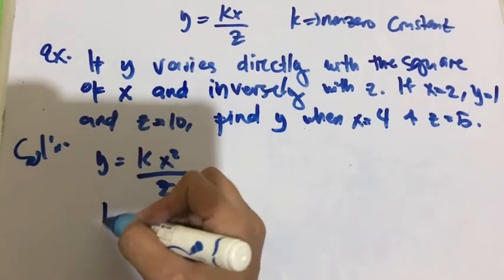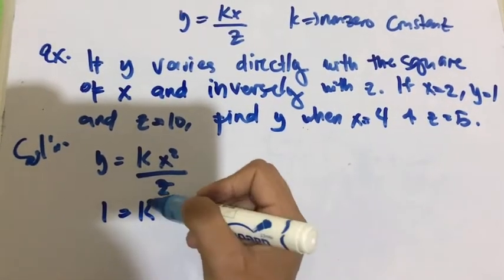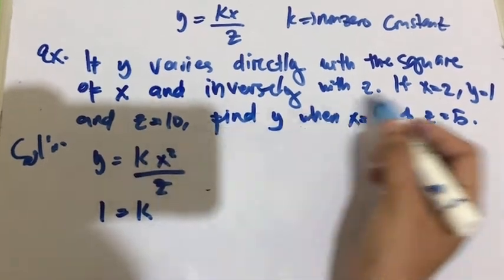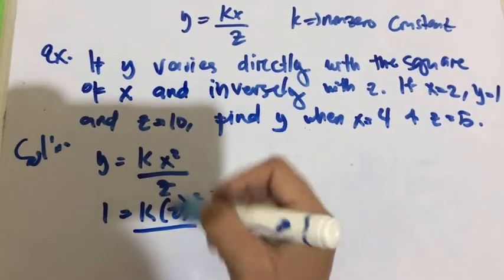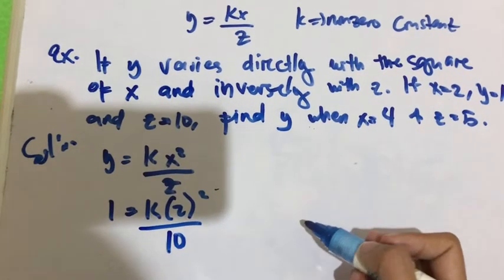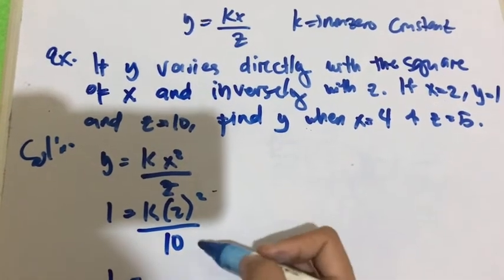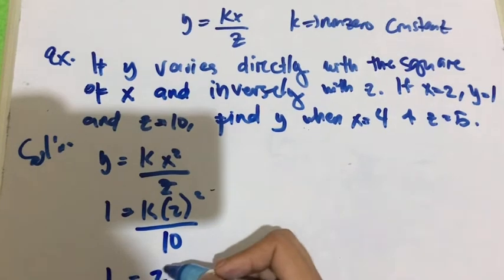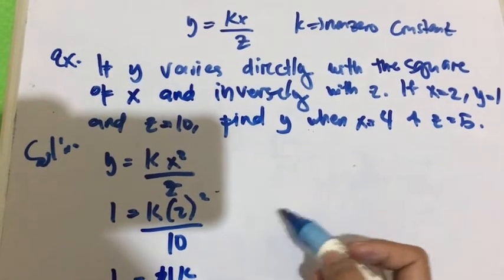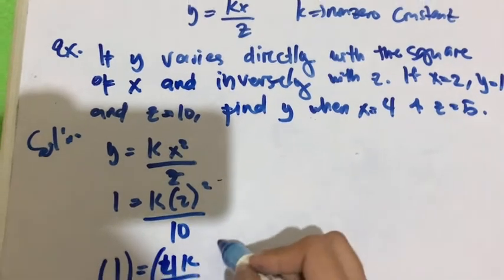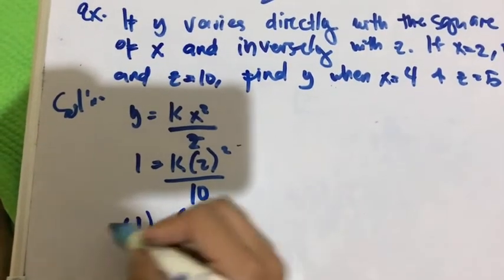Y is 1, k is unknown, x is 2 squared over z, which is 10. So 1 is equal to 4k over 10. Now we multiply both sides by 10.